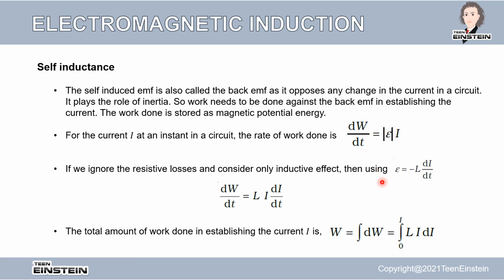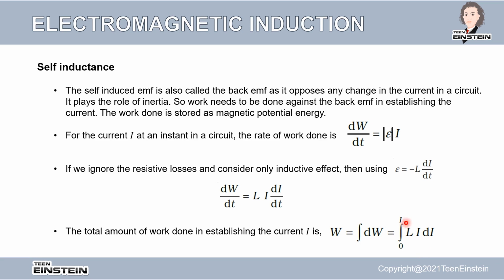So it's like this. If we ignore the resistive losses and consider only the inductive effect, then using epsilon equal to minus L di by dt, we can compare these two. Since there is a modulus, we are neglecting this minus sign. So dW by dt equal to Li di by dt. The total amount of work done in establishing the current, we need to integrate this from 0 to I. So we are starting from 0 and establishing a current I. So how much work do we need to do in order to establish a current I?